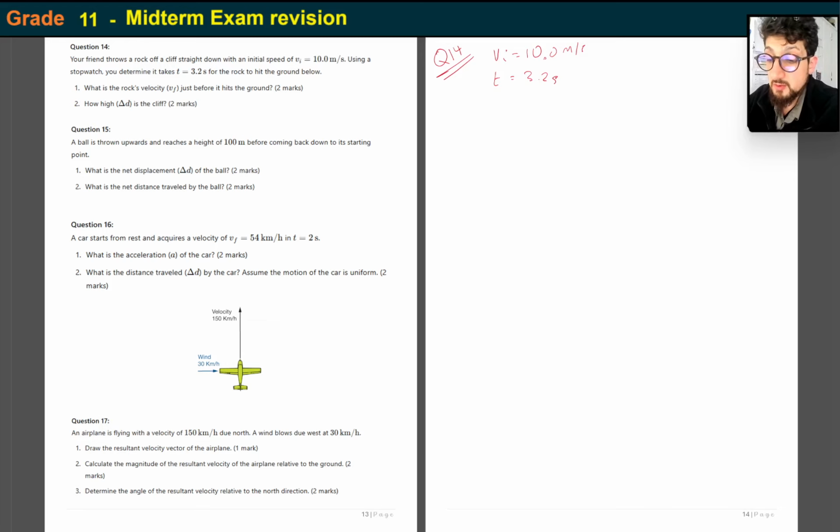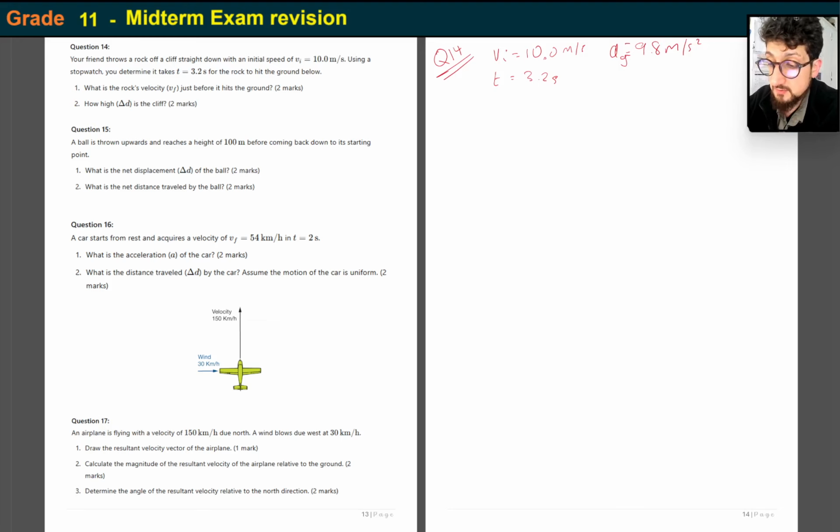Now, some of you might be wondering, hang on, we need three things. Well, don't forget the g, which is acceleration due to gravity. And that equals 9.8 meters per second squared down. Or if you prefer, you can write negative 9.8 meters per second squared.